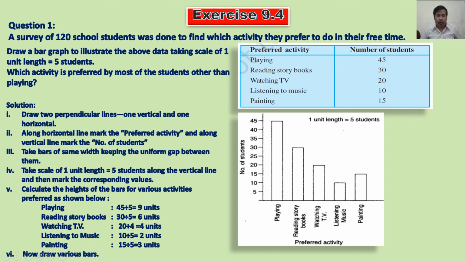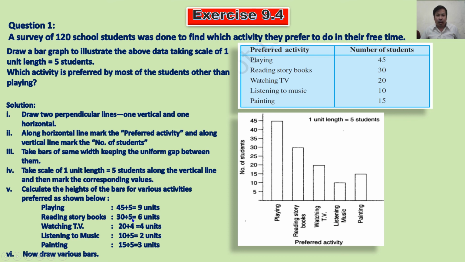Then you represent. So playing, how many units? 9 units. So you have to come up to 9. 1, 2, 3, 4, 5, 6, 7, 8, 9. So this bar must have a height of 9 units, so that it can represent the information of 45 students, like this.